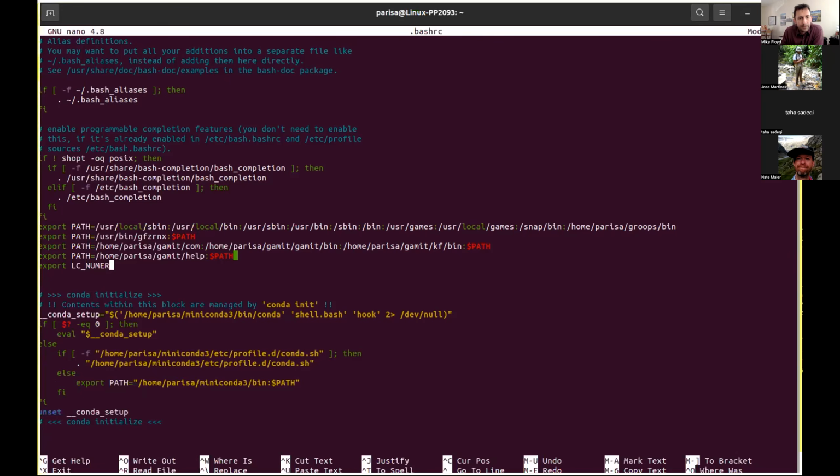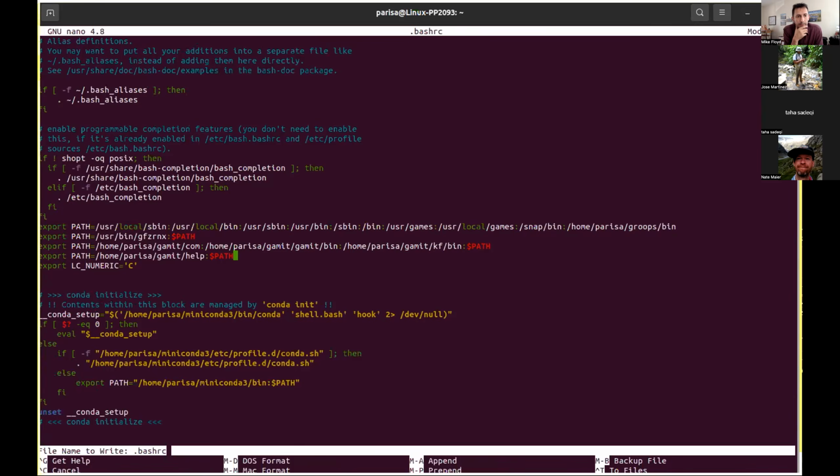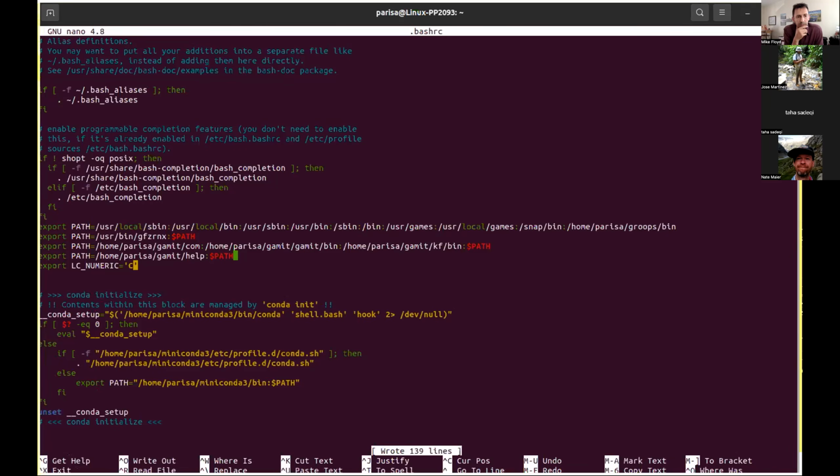Yeah, NUMERIC, and then no space, equals, and then in single quotation marks, C, capital C. Uppercase, yeah. Okay, that should be enough. You can quit that, save that. Yes, Control X.